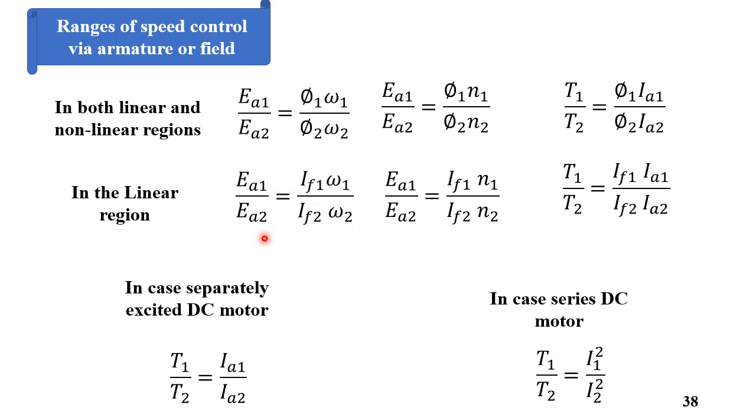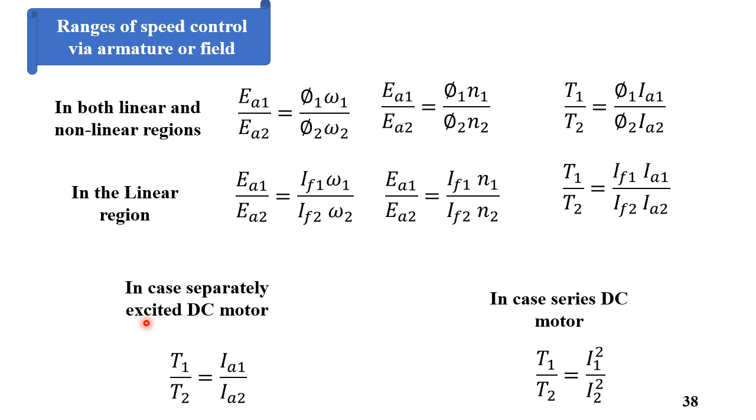For omega, we can substitute 2 pi n over 60, so EA1 divided by EA2 equals IF1 n1 divided by IF2 n2. For the torque ratio, we have IF1 IA1 divided by IF2 IA2, and this is valid for the linear region of the flux.